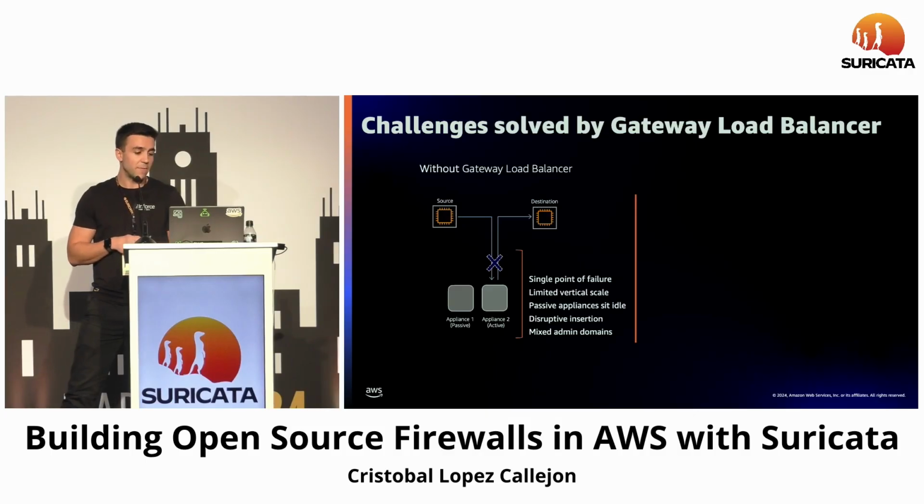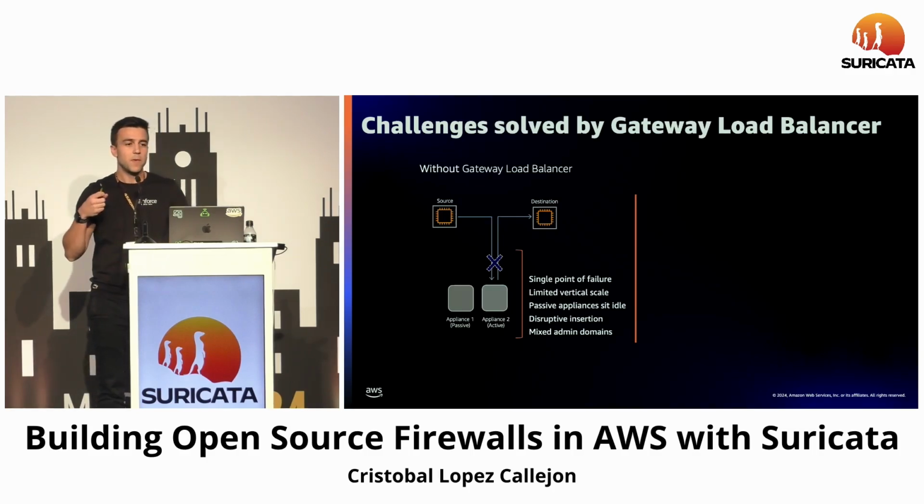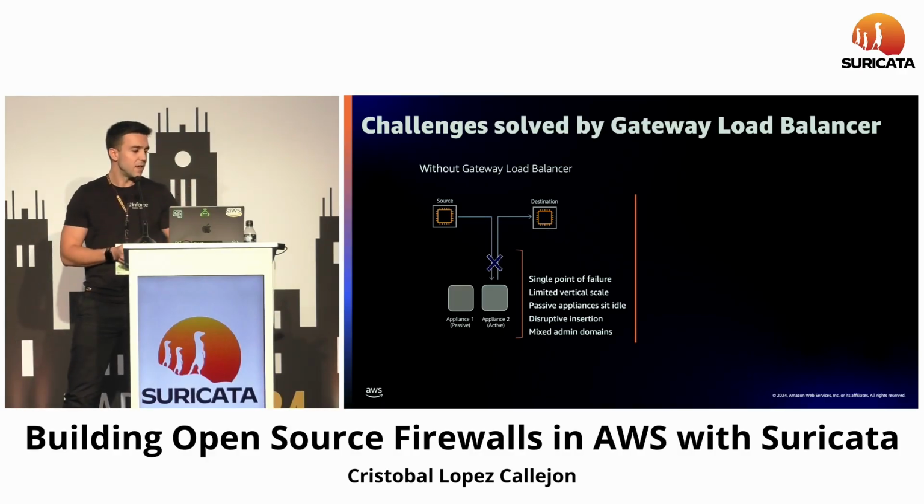Also, we have disruptive interaction with this model if we switch from an active instance to a passive one in case of a failover, for example. And we also run into mixed administration domains when it comes to the people managing the networking and the people managing the security. Sometimes we step on each other, and we might run into issues of some people doing configurations that cause problems in the other team's domain.